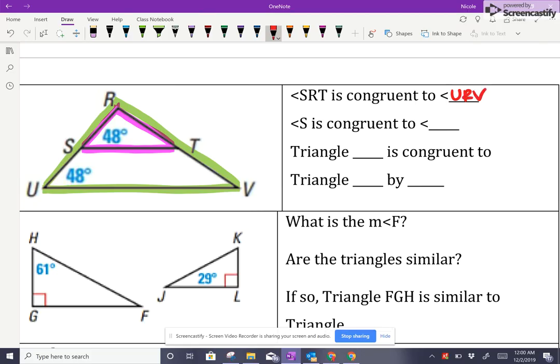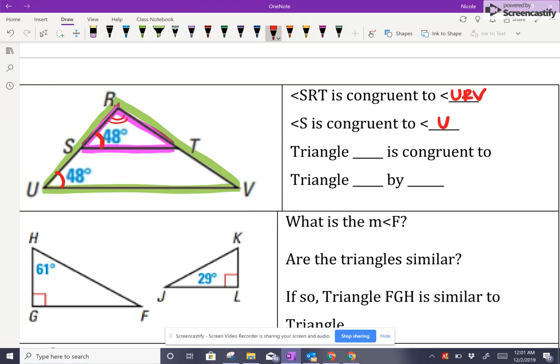Remember, they need to follow the same type of movement. The angles need to match up to each other since we have angle U congruent to angle S. And since they both share angle R, that's going to be congruent to itself. So angle S is congruent to angle U. Since they both share angle R, that is your other congruent angle.